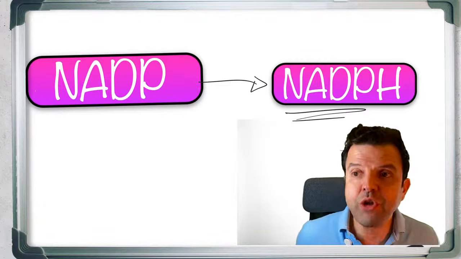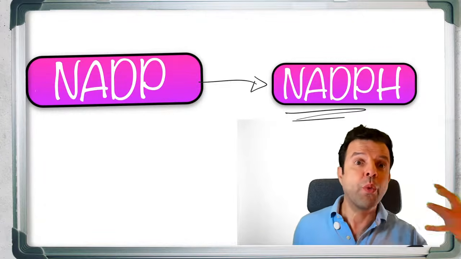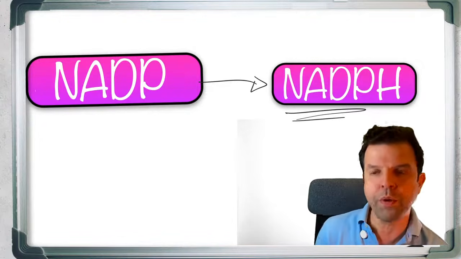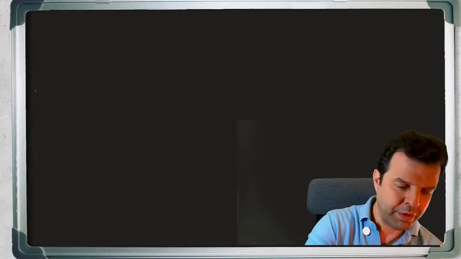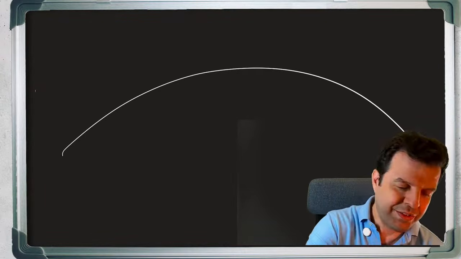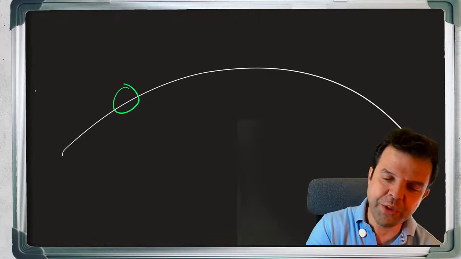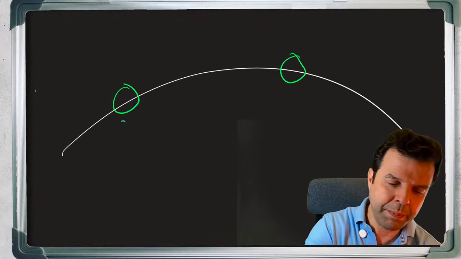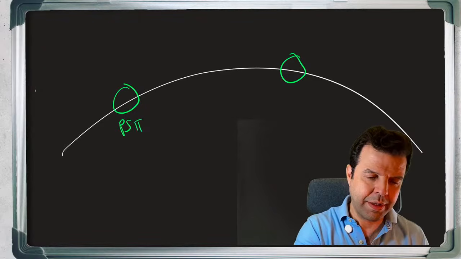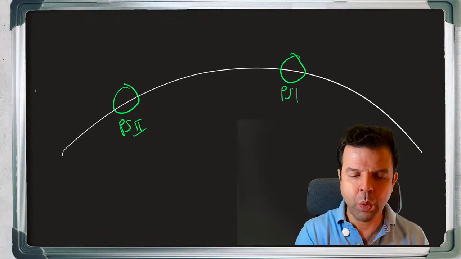The best thing you could do now is to draw with me so we can summarize this whole process, okay? Draw a line like this. Stick some photosystems 1 and 2. So that's PS2. That is PS1, okay?